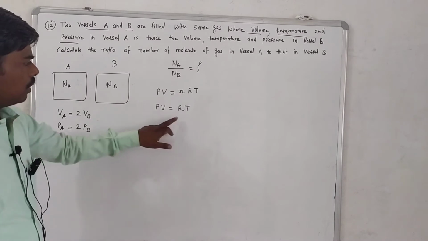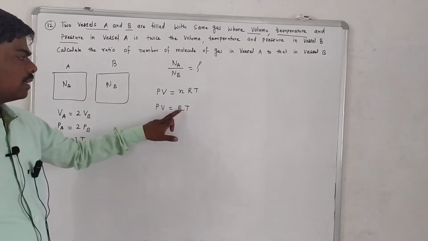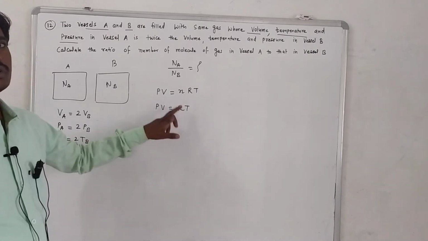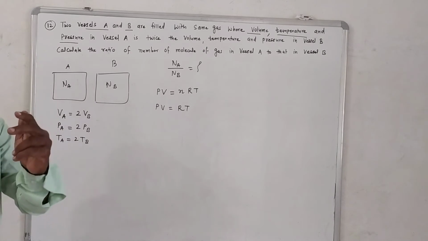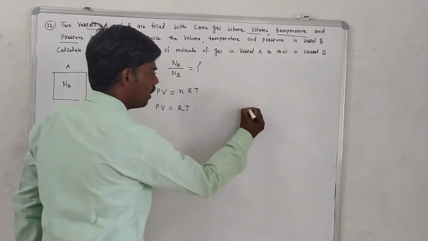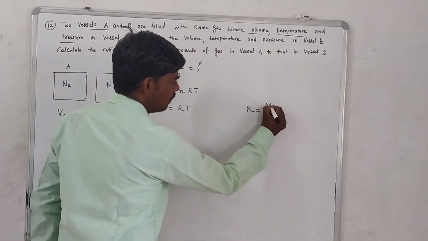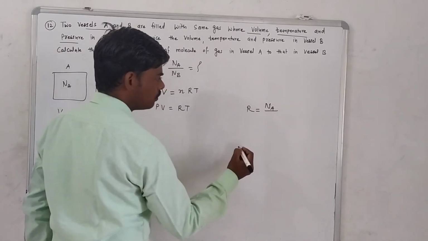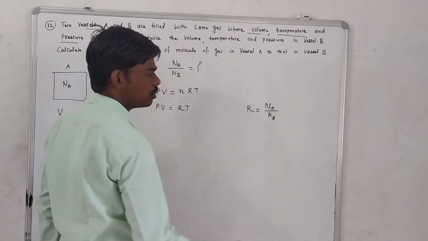Now this R is the gas constant, and it is the ratio of Avogadro's number to Boltzmann constant. So we can represent R as Na upon Kb, where Na is Avogadro's number and Kb is the Boltzmann constant.